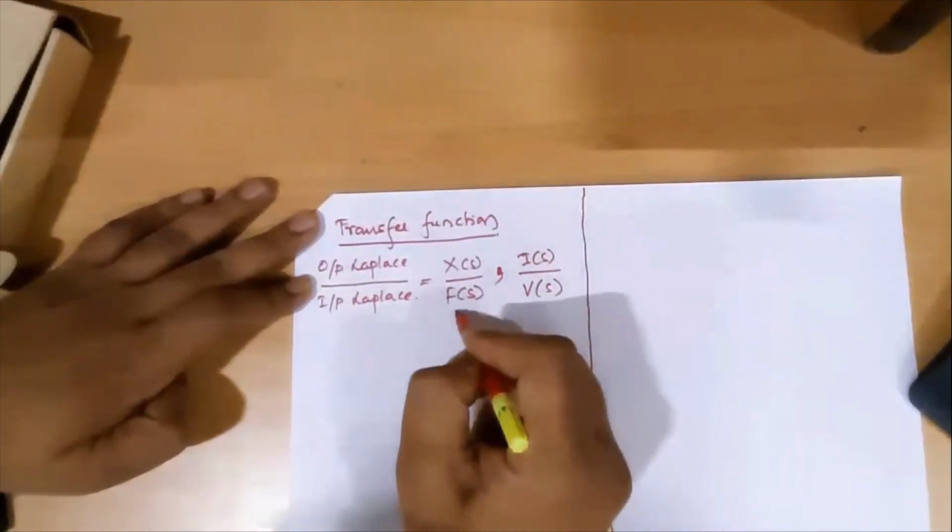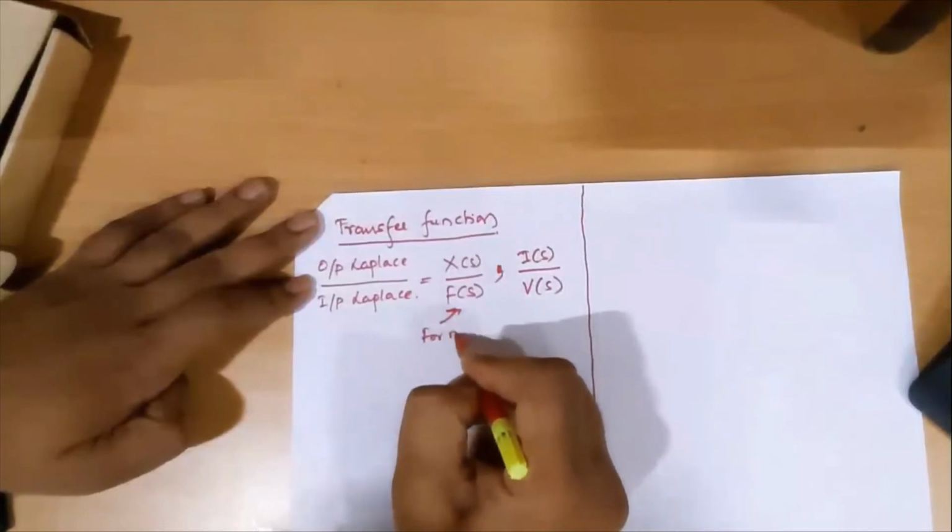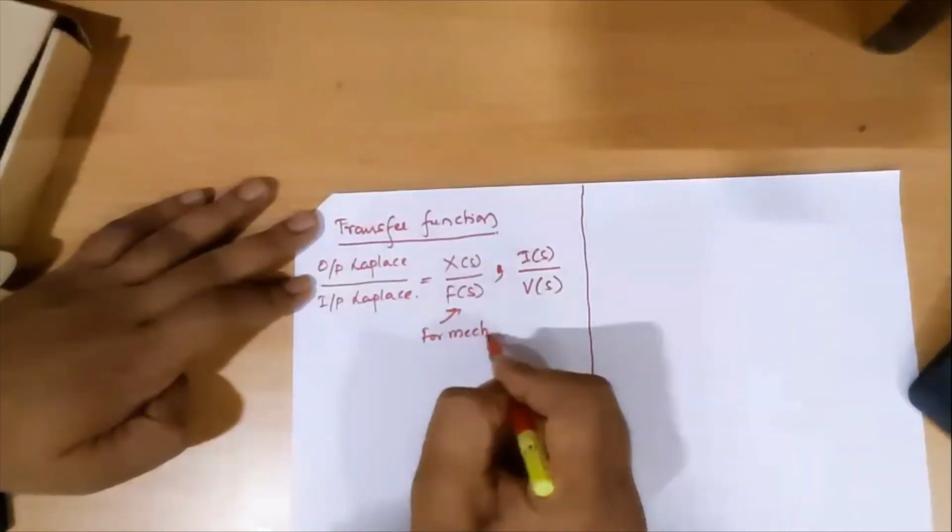What did we get for electrical? For electrical, for a simple RLC circuit or any other circuit, we can conveniently assume voltage as the cause and current as the effect. So we call current the output because of the input voltage. But in different scenarios, the convention to define inputs and outputs will change.